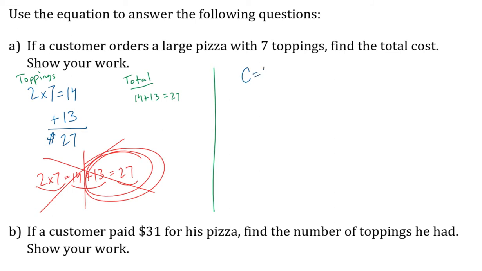First of all, I write the equation. And when it says 7 toppings, that's saying n is 7. Right? And it says up in the question, n is the number of toppings. The number of toppings in this question is 7, so n is 7.